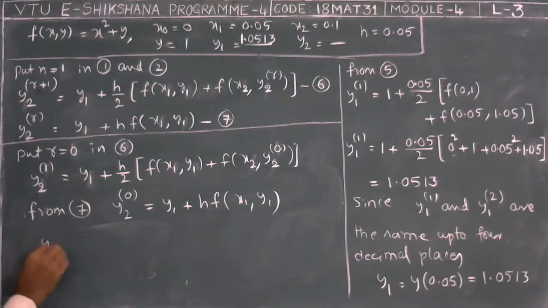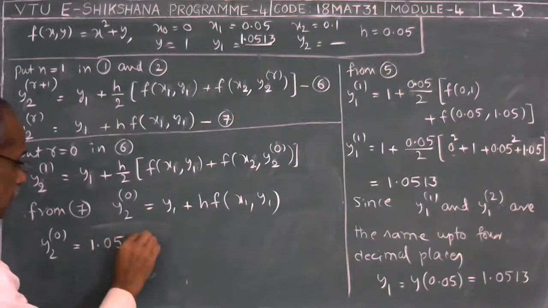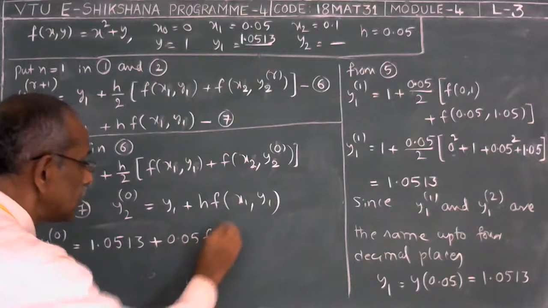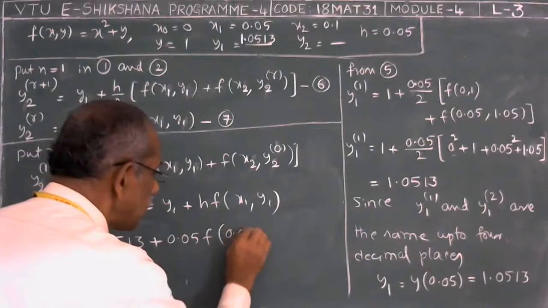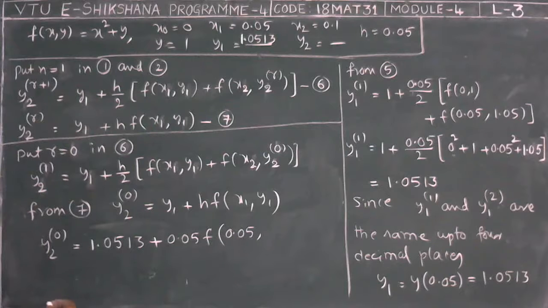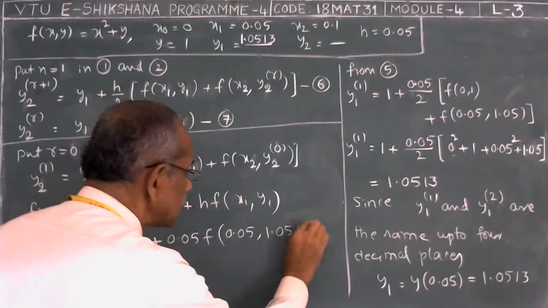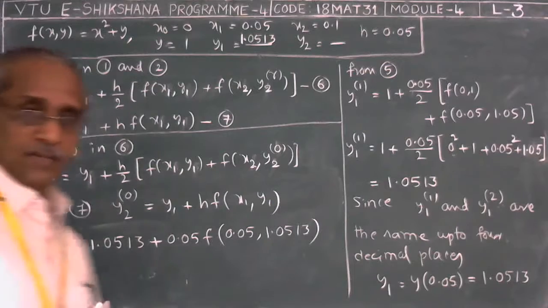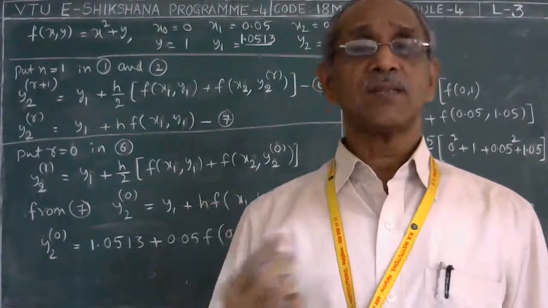So what does this give you? y20 is y1, which is 1.0513, plus h, 0.05, into f of 0.05 comma 1.0513. Let us apply the definition of f of x comma y, which is x square plus y.